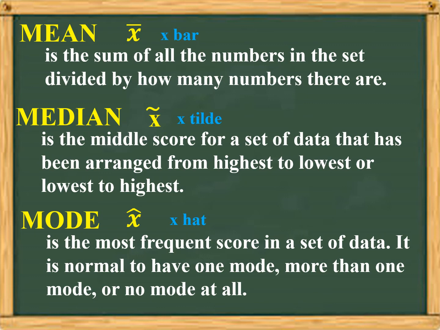When we are talking about mode, it means whichever has the highest frequency, whichever data appears the most, that is our mode. Please take note, our mode can be just one, more than one, or there can be no mode. So, that's the definition of mean, median, and mode.